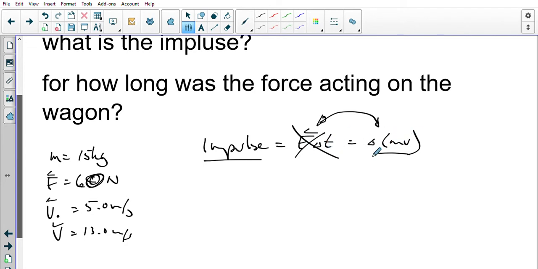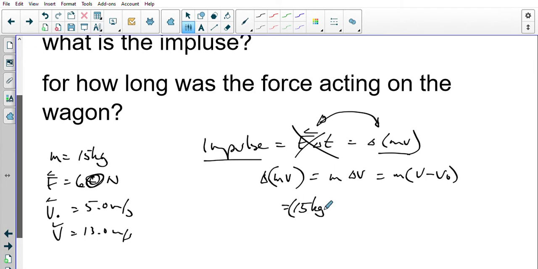Our mass isn't changing, so what is changing is our change in velocity. That's our mass times v minus v naught, final velocity minus initial velocity.